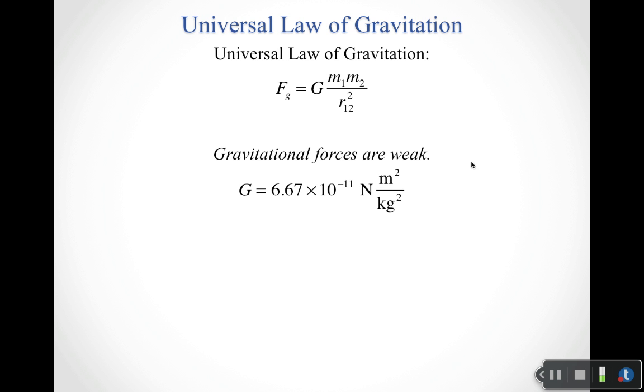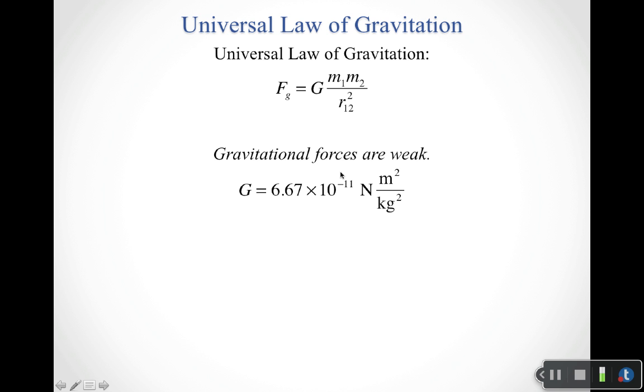The next thing to add is that gravitational forces are really weak, and that's because this constant is really small. Think about 6.67 times 10 to the negative 11. Negative 11 says you're talking about something slightly bigger than a trillionth, since negative 12 would be one trillionth.